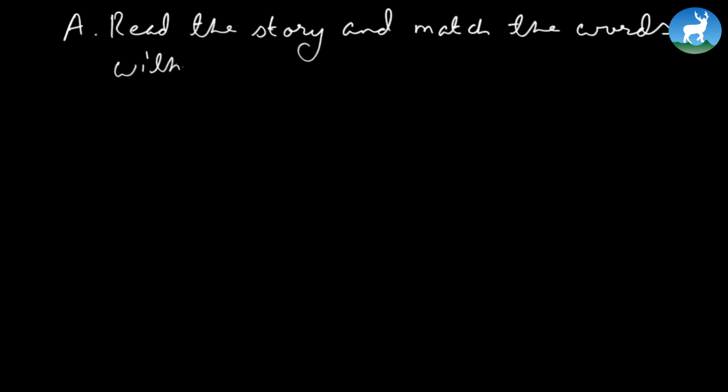Now that we've read the passage, let's do the exercises that follow. Okay, so number A, we have read the story which you have just read, and match the words with their meanings. Now, remember, we've just done vocabulary word, haven't we? So that would be very, very easy for you to do this exercise.